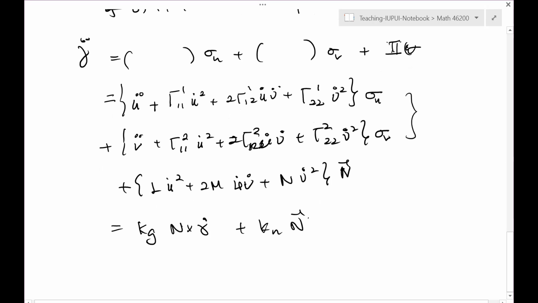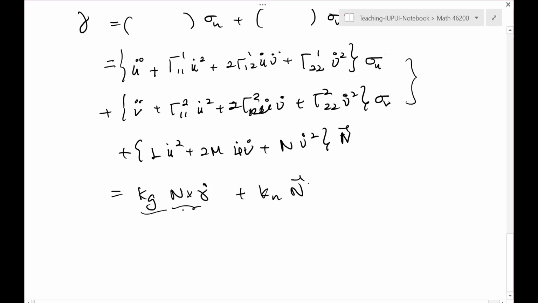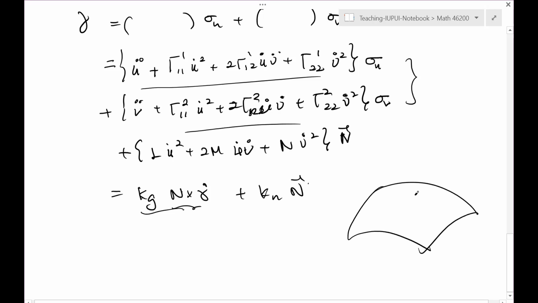Okay, so this part is on the tangent plane, right? Look at this surface. This is the n. This is gamma double dot, and this is kn n plus gamma double dot. So this is still on the tangent plane, this vector.